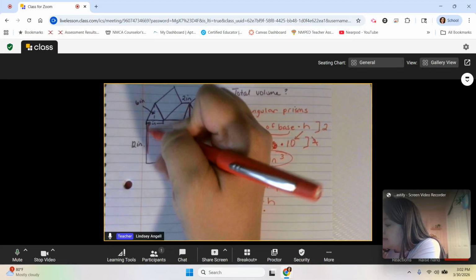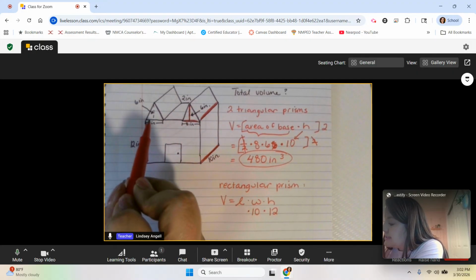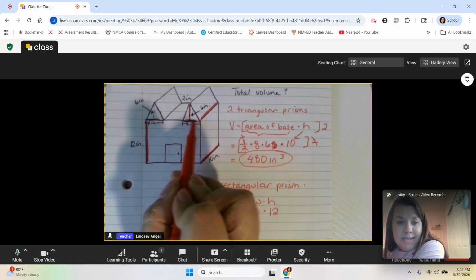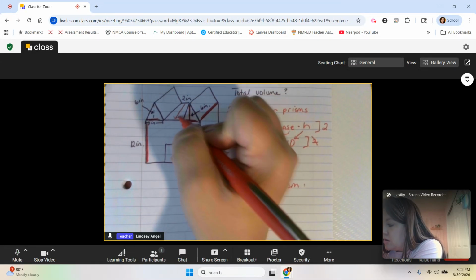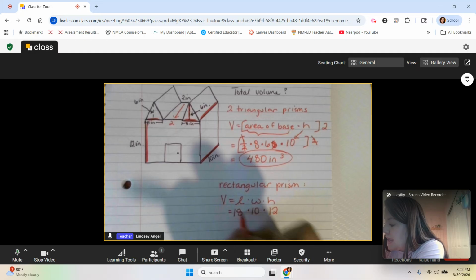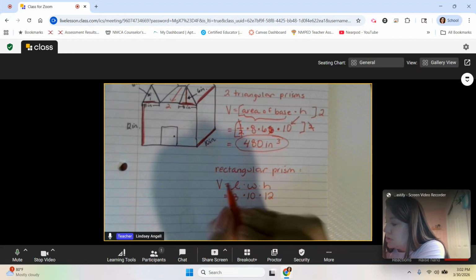The height is 12. But the length, well, let's see here. This right here is 8. This is 8, so that's 16. This 2 also applies to this right here. So the length would be 18 inches.